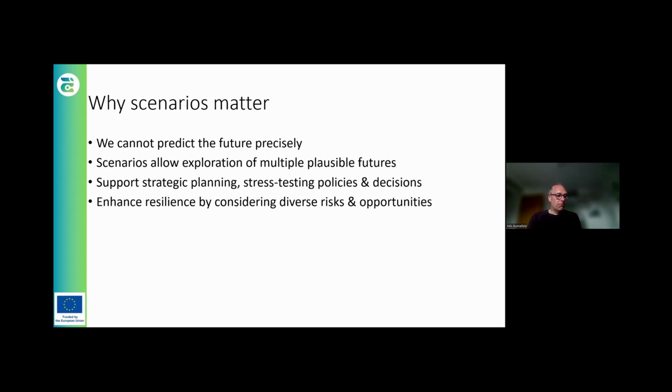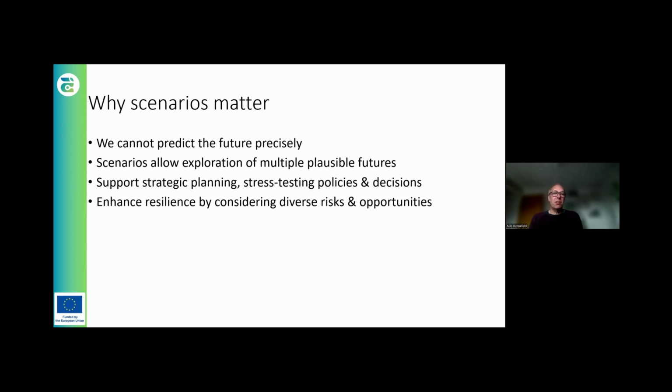So biodiversity, climate change, and food, they all interact, and therefore it is actually really difficult to predict the future exactly and precisely. So these scenarios allow us in a structured way to explore the multiple plausible futures.